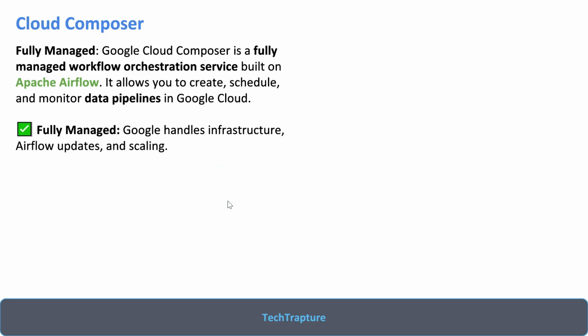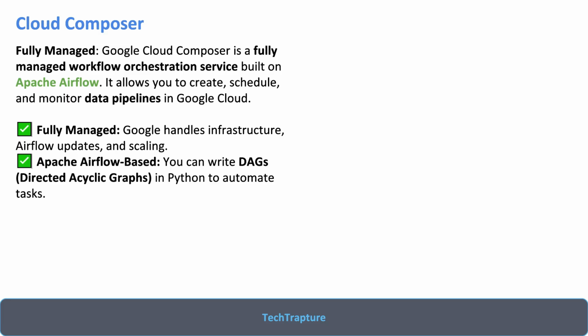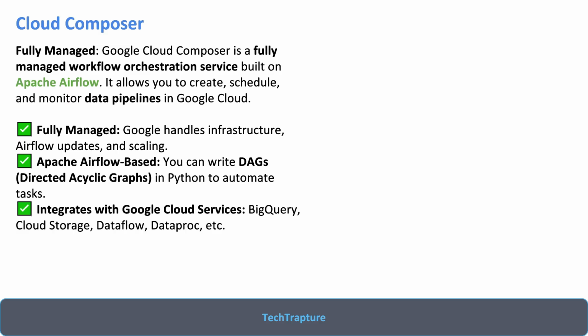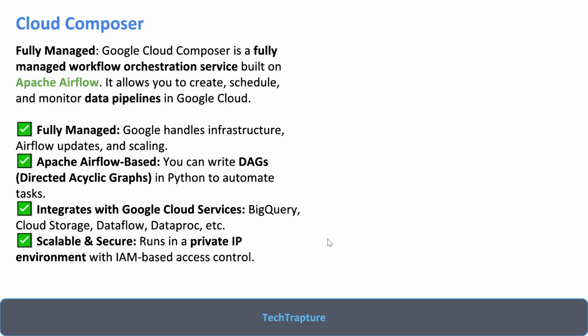It is fully managed, as the infrastructure for Airflow is managed by Google. We can create the DAGs, and DAGs are written in Python. We will create multiple DAGs, and there is very easy integration with Google Cloud services like BigQuery, Cloud Storage, Dataflow and Dataproc, and it provides scalable and secure infrastructure.